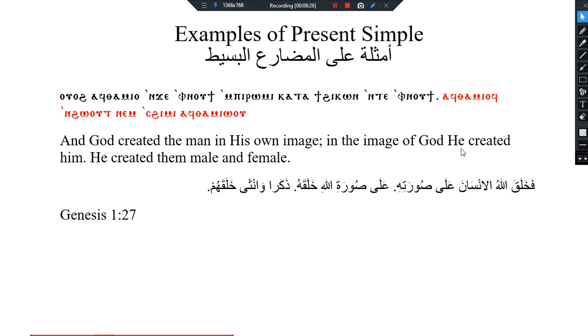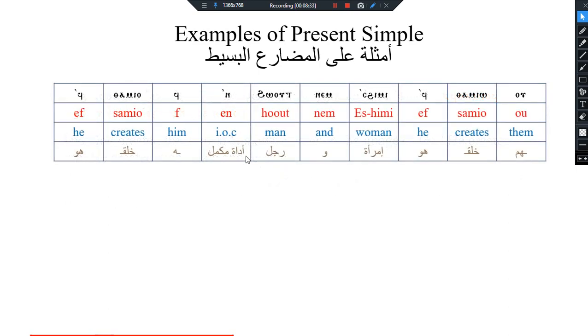In the image of God he created him. He created them male and female. F, it means he. Samio means to create. F, he; samio, create; f, him; en, indication of a complement.